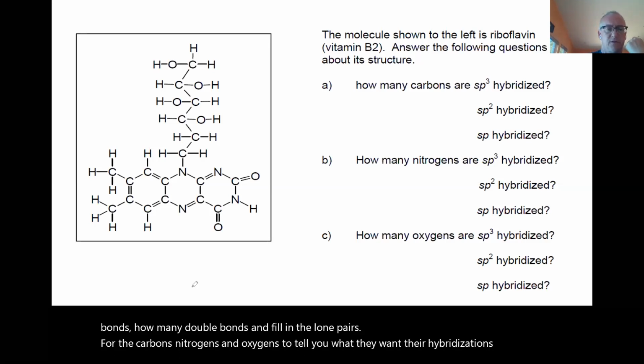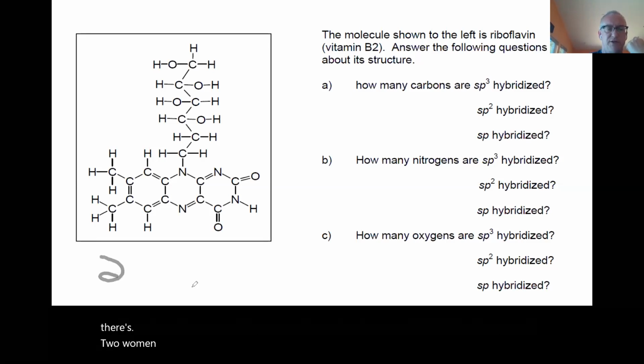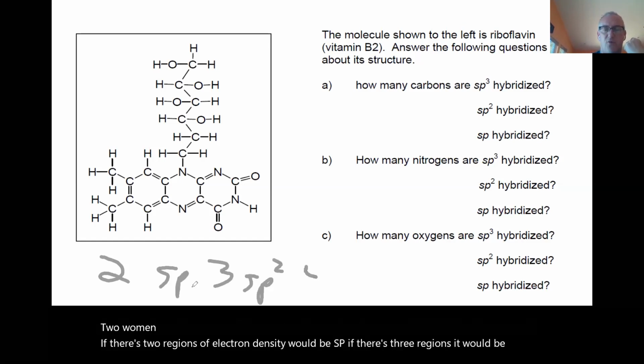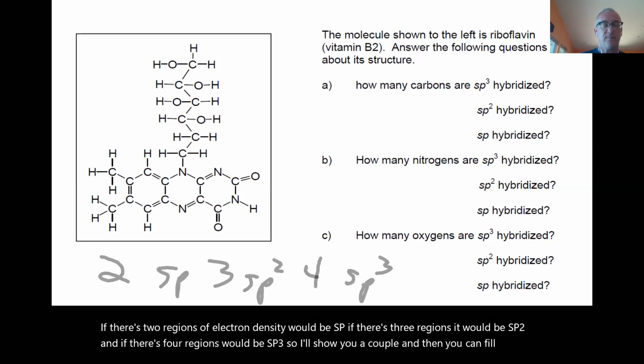If there are 2 regions of electron density, it would be sp. If there are 3 regions, it would be sp2. And if there are 4 regions, it would be sp3. So I'll show you a couple, and then you can fill in the rest, okay?